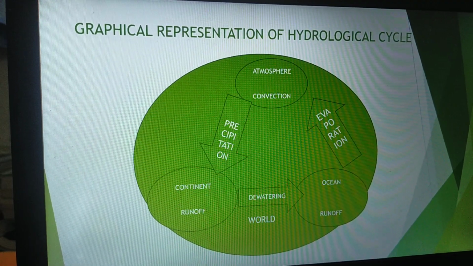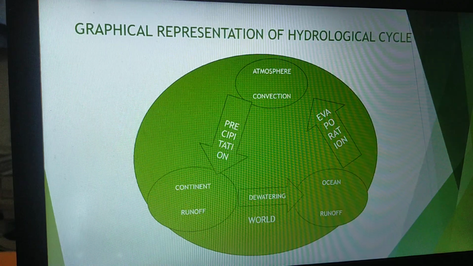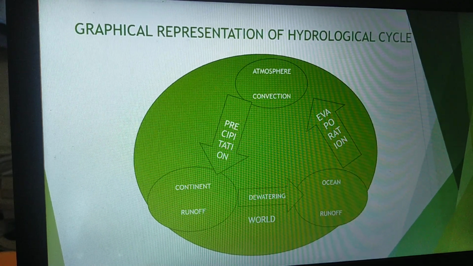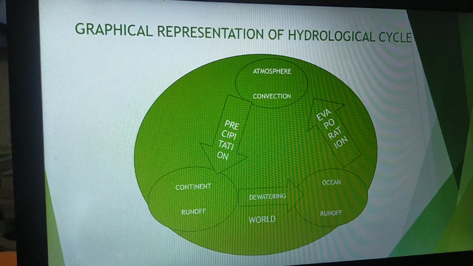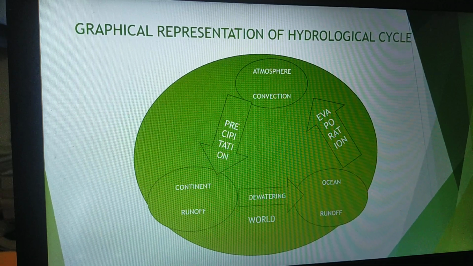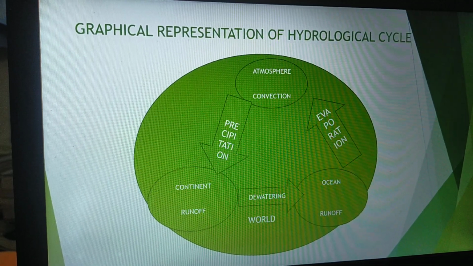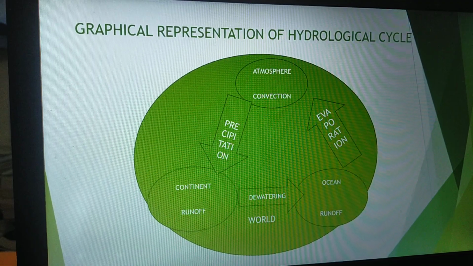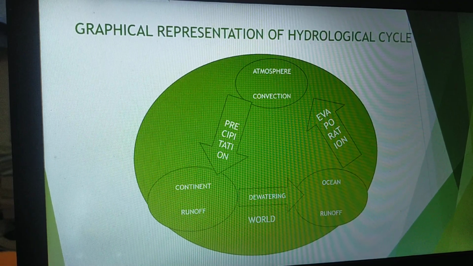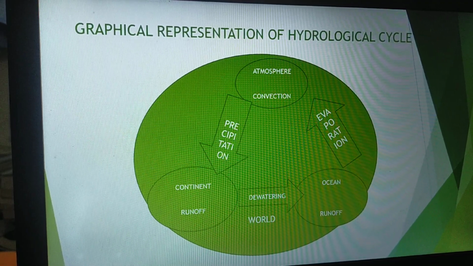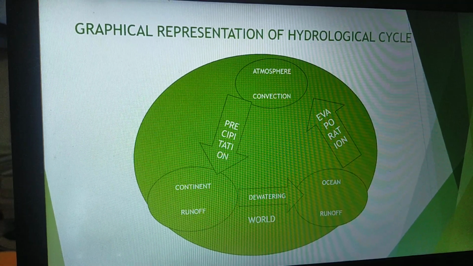Over there in the atmosphere, it undergoes condensation, and then in the form of rain, snow, hail, it comes down as precipitation to the continent. This water again runs off to the oceans through rivers, lakes, ponds, and this cycle continues.